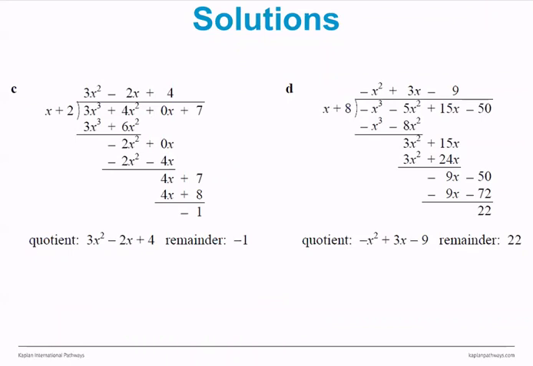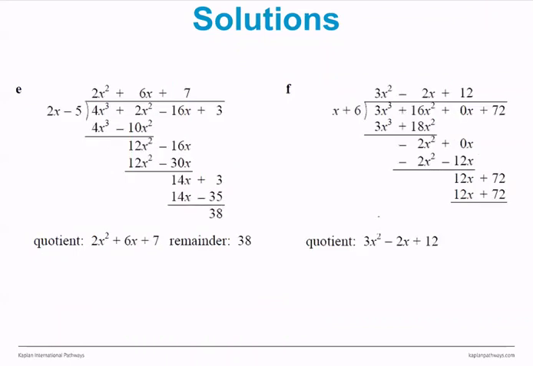And then you just divide normally. Okay? And same thing with the f. It was 3x cubed plus 16x squared plus 72. So you need to put plus 0x, and then you divide by x plus 6, and you carry on.